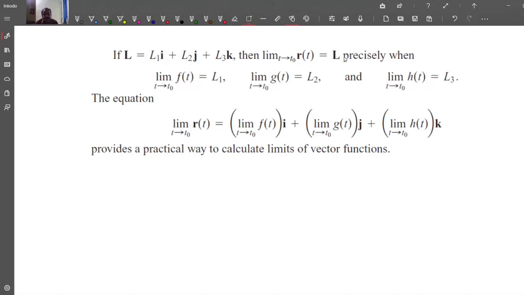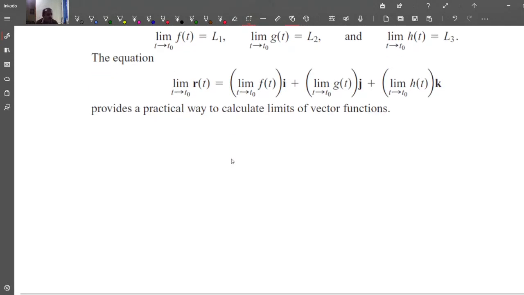So to find the limit of the vector function, it is enough to find the limit of the components. That is, limit of r(t) equals limit of f(t) i plus limit of g(t) j plus limit of h(t) k.